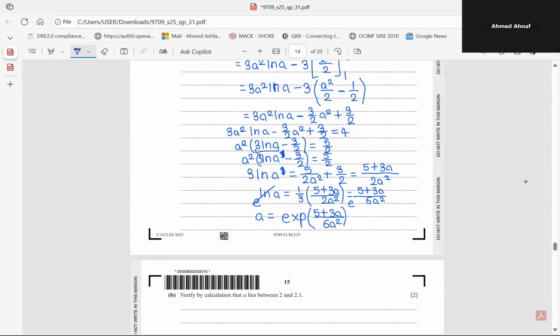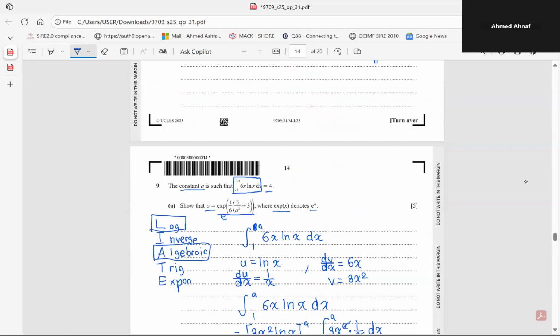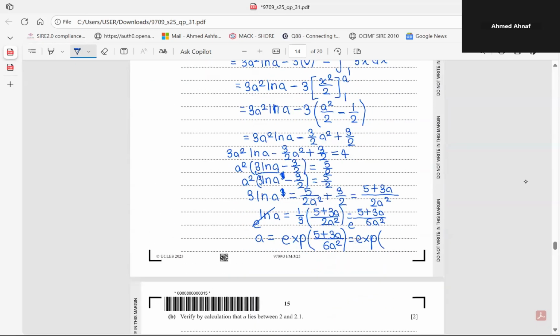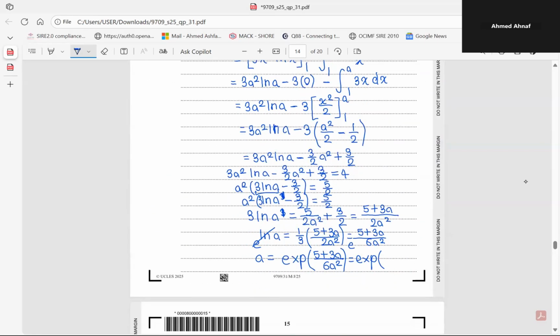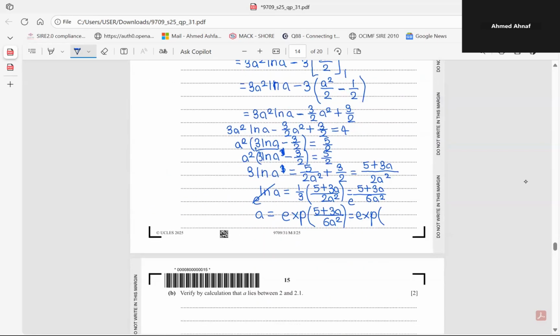And now we're going to split up the fraction to get our result that we have to show. So 3a over 6a squared, that is... okay, never mind. Let's just show the result straight away.